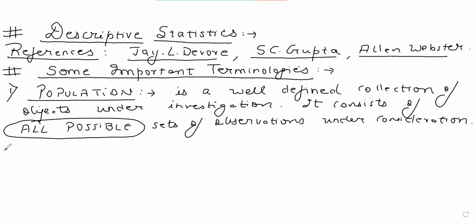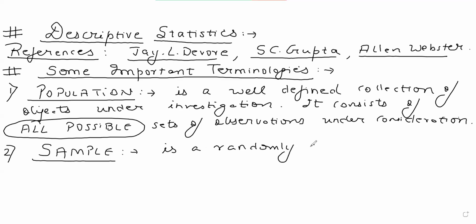Since usually the population is very large and it's difficult to track every observation within the population, we now look at something called a sample. So what is a sample? A sample is a randomly chosen subset of the population.